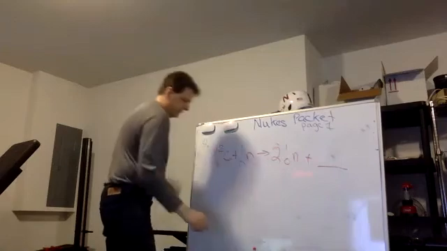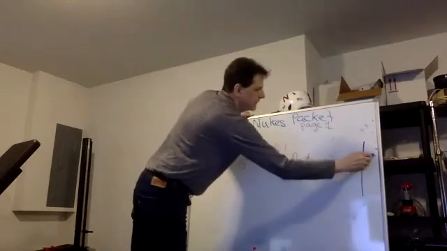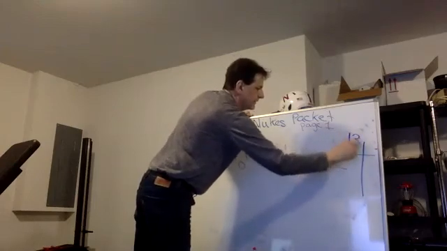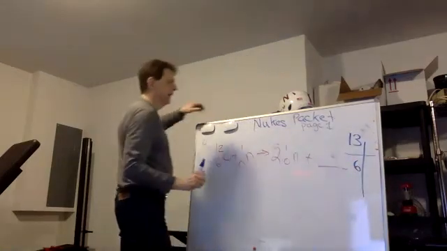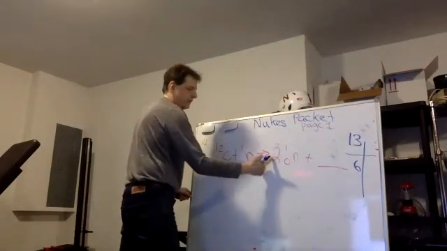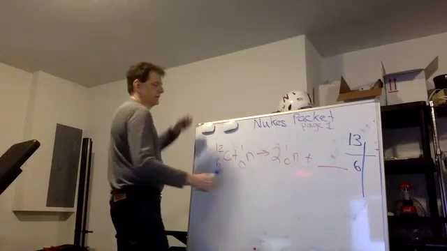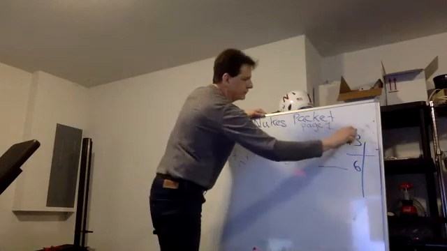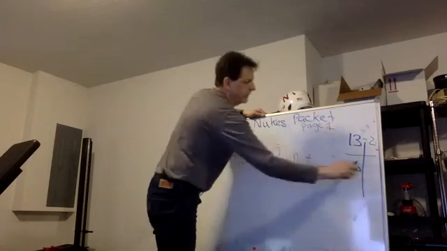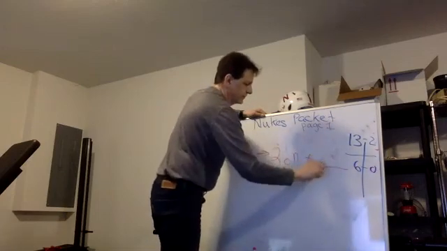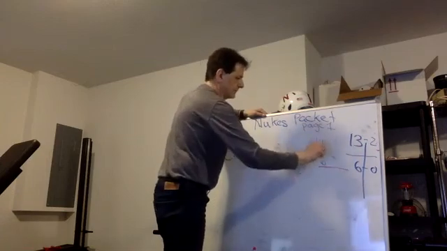So nothing changes. We have to add 12 plus 1 is 13. So we're going to need 13 on top and 6 on the bottom. Now, when we do this, you have to go coefficient times superscript, coefficient times subscript to get what you need. So we're going to be taking 13 minus 2. 2 minus 0 is 0. So 6 minus 0 is 6 for the bottom number. 13 minus 2 is going to be 11 for the top number.